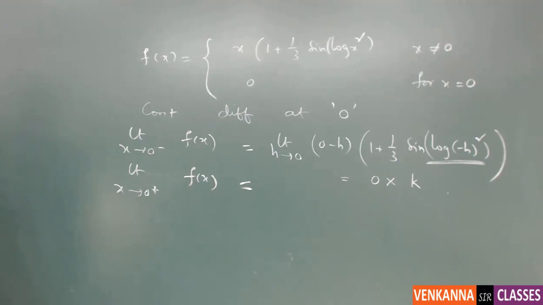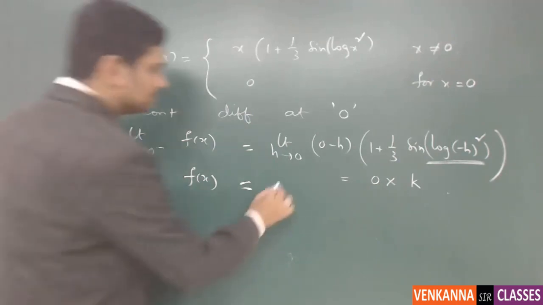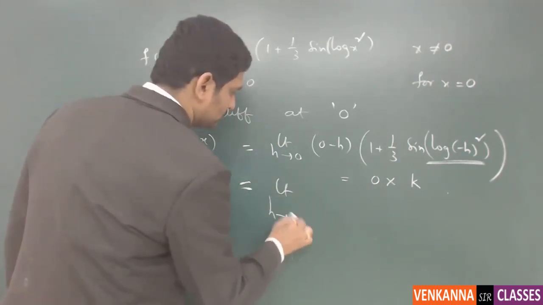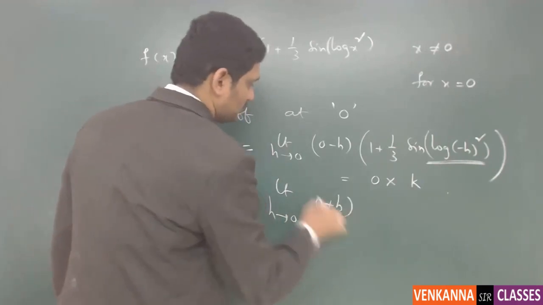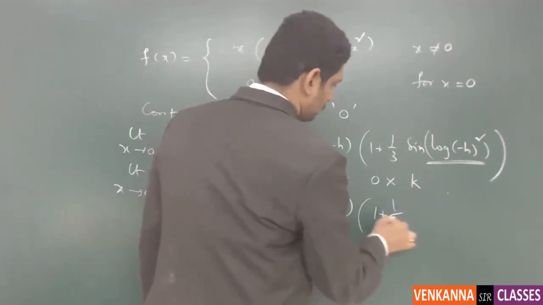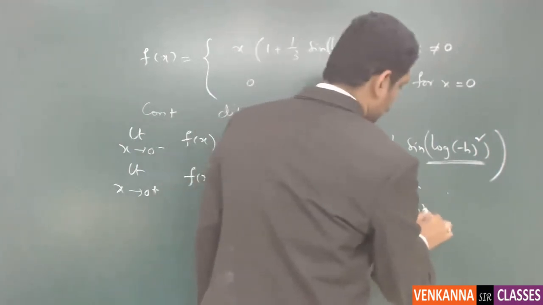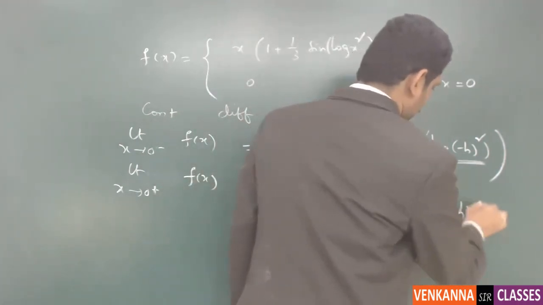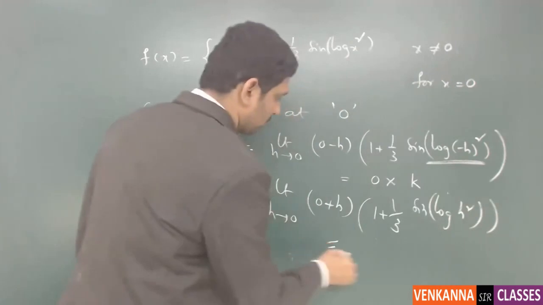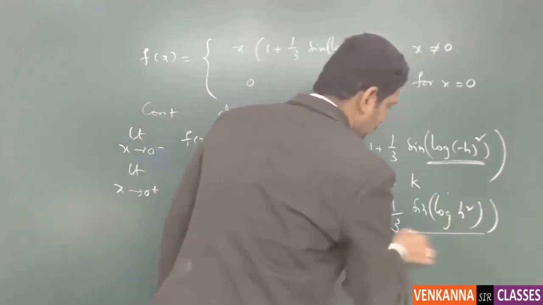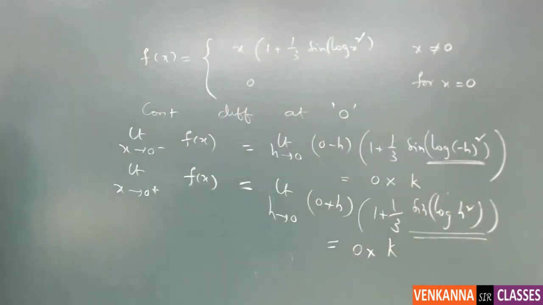Similarly, if you calculate the right hand side limit, here also the same thing comes, 0 into some constant, where k is a constant which is going to lie between -1 and 1, sin of log h square value.